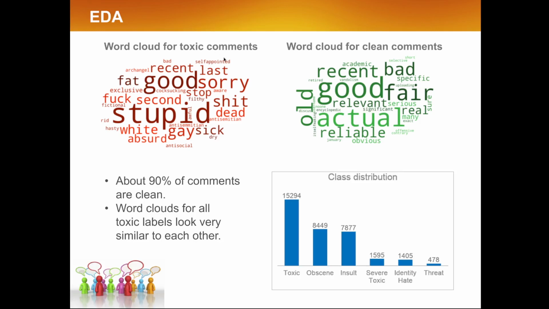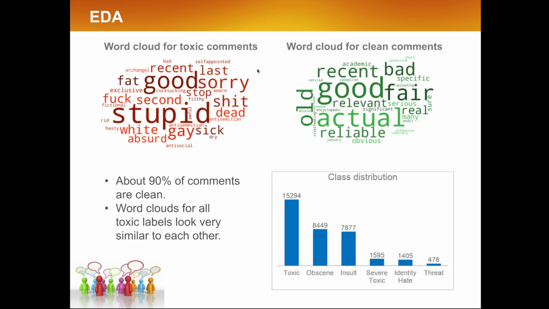Initially we started with exploratory data analysis, and in that analysis we found that many words are actually not distinct when it comes to separating clean comments and toxic comments. For example, the word good appears in both clean comments and toxic comments.